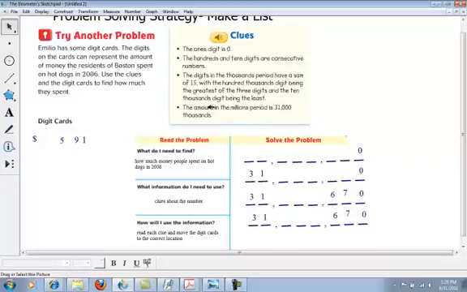Now let's continue on with this clue. The digits in the thousands period have a sum of 15. Well, 9 and 1 is 10 and 5 is 15. So these digits work. It says that the hundred thousands digit is the greatest of the three digits. That would be 9 in the hundred thousands place. And the 10,000s digit is the least.